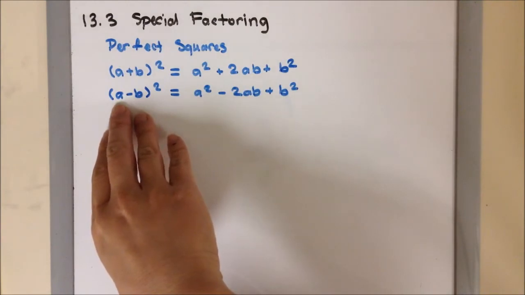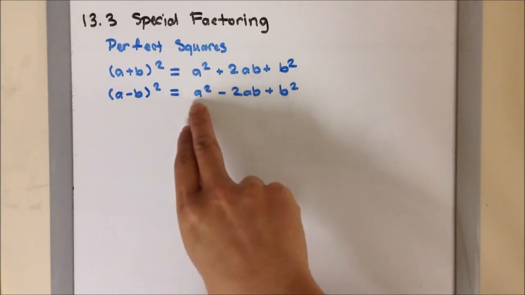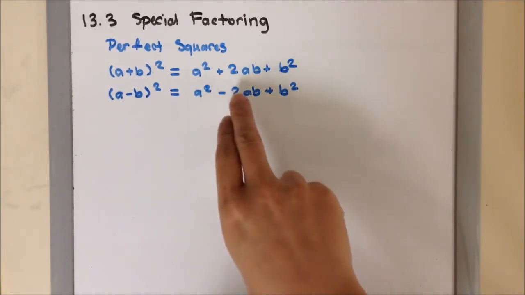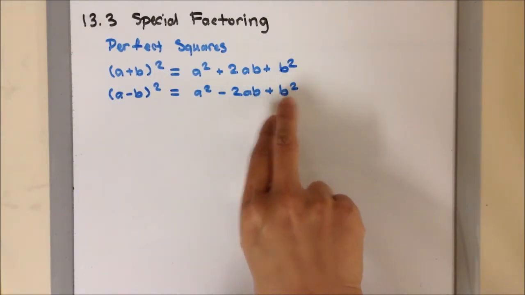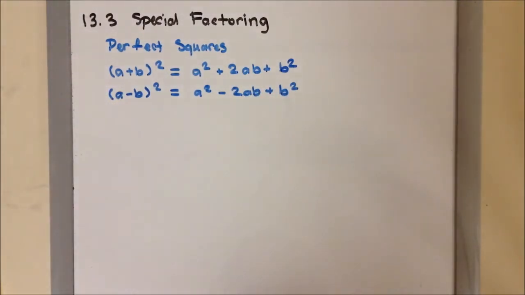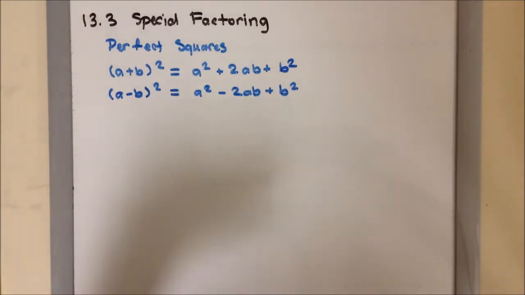Or in the second form, the square of a minus b equals a squared minus the middle term, 2 times a times b, then plus b squared, where a and b can be unknown numbers or unknown variables or combined together. You'll see what I mean by that when we go through the examples for perfect squares. But make sure to be familiar with this form as we are going to factor perfect squares.